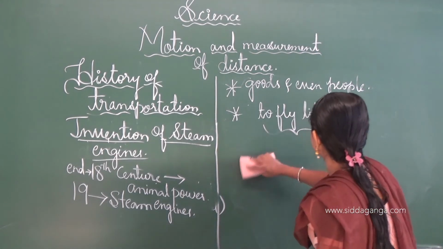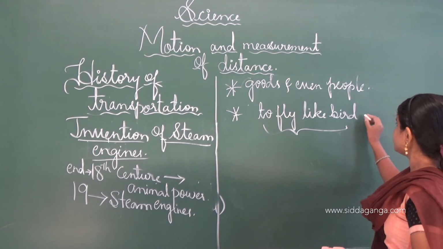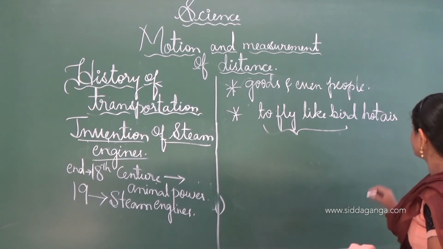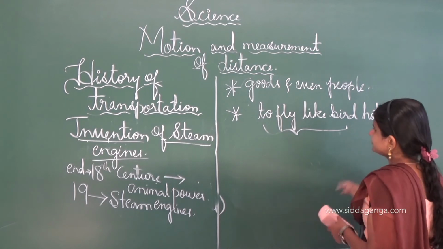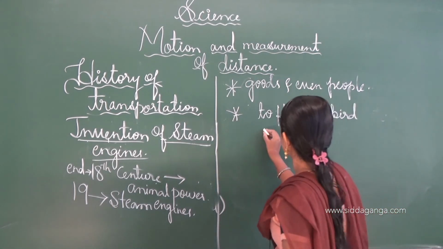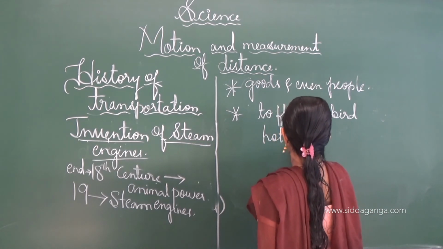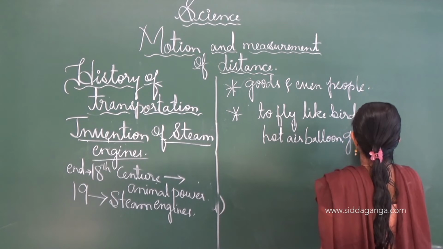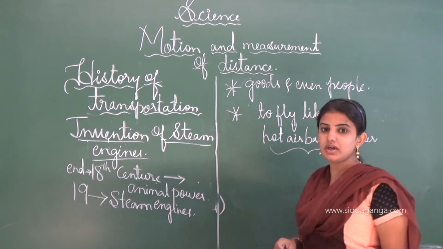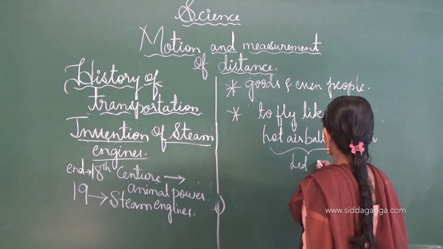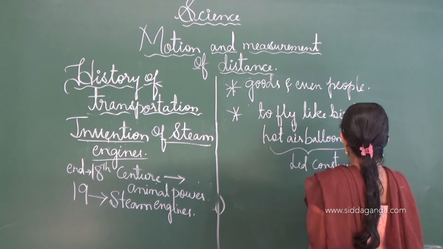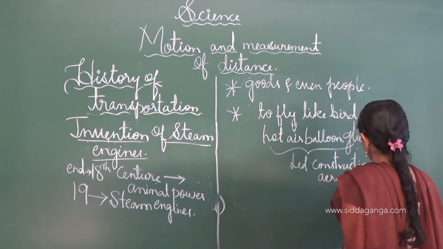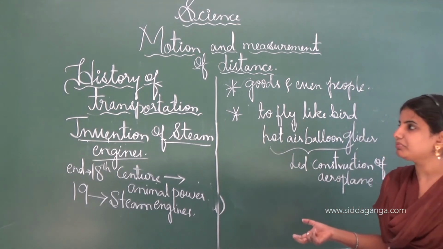See, man always wanted to fly like a bird, so for this purpose they created the hot air balloon, and the gliders were being constructed, and this may lead to the construction of the aeroplane. So this is all about the history behind transportation.